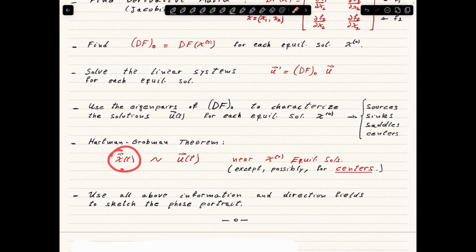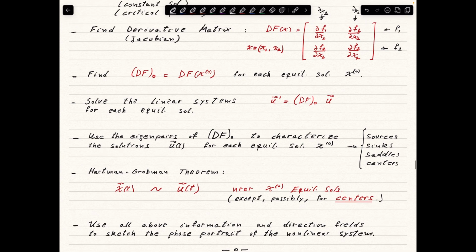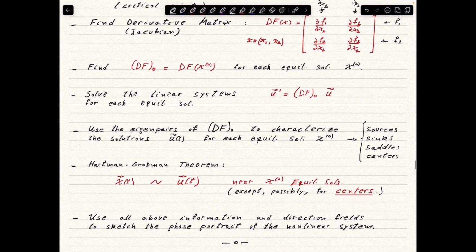The phase portrait, we should say here, of the nonlinear system. And this is in one page the linearization method.